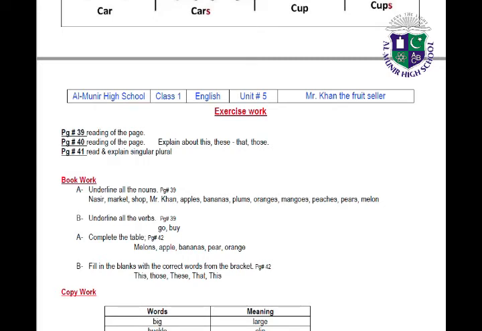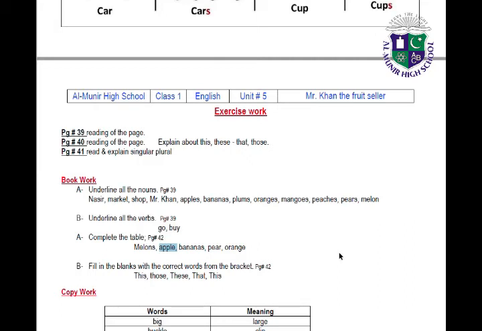We add just s with the melon to make it plural. So you have to write like this, melons, M-E-L-O-N-S, melons. The second is apples. Apples is plural, so we have to write the singular form. We write here apple, A-P-P-L-E, apple.